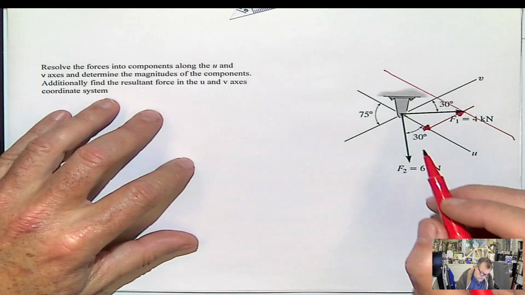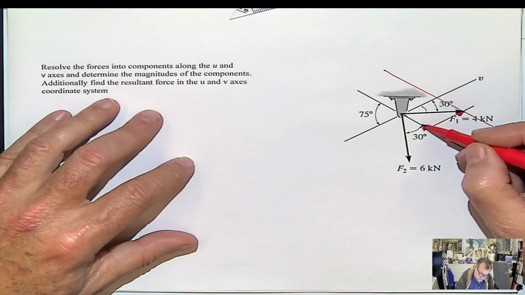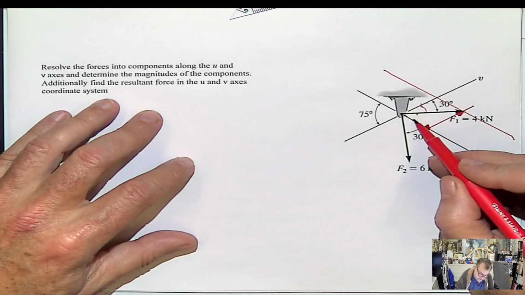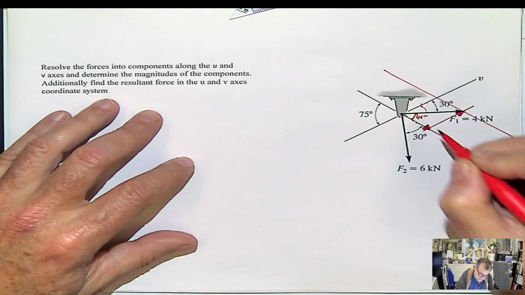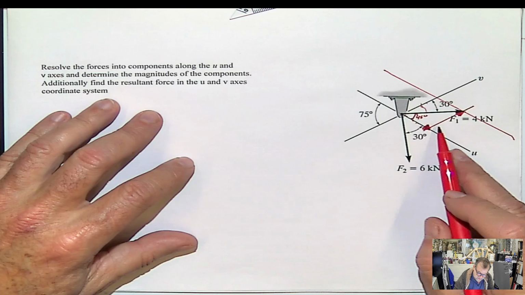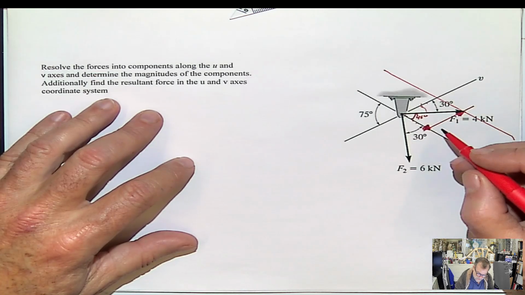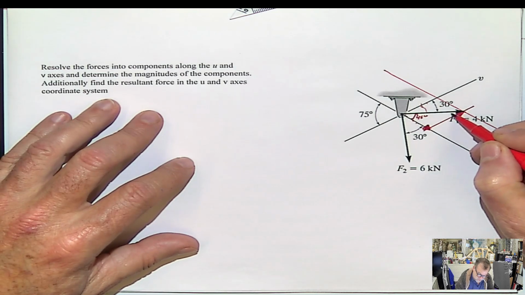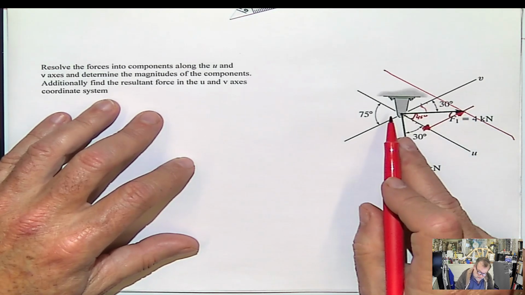Same situation, remember. This angle here is 45 degrees. This is 75, this is 30, meaning this angle between this and this should be 45 degrees. Now I have that angle of 45 degrees, and I have this resultant force here as well. Can I know how much this angle here is?